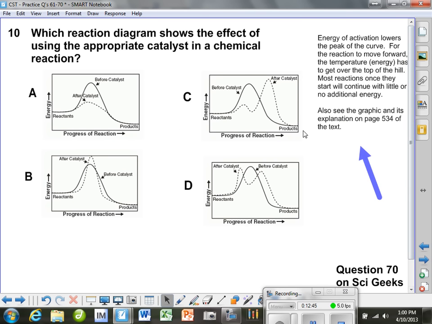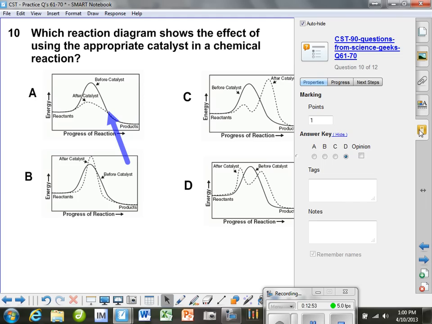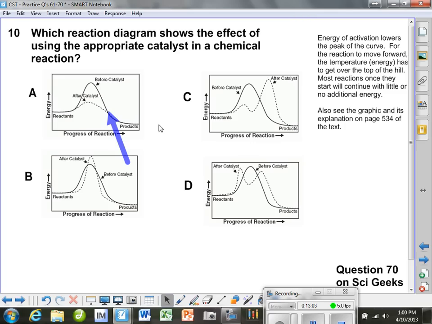Moving on, which reaction diagram actually shows the effect of using the appropriate catalyst? This one is the winner, and if you look at my key, I'm sorry, I've got the key wrong. So, now the key is correct. So that'll show up right in the future.